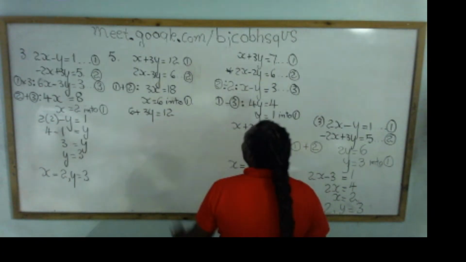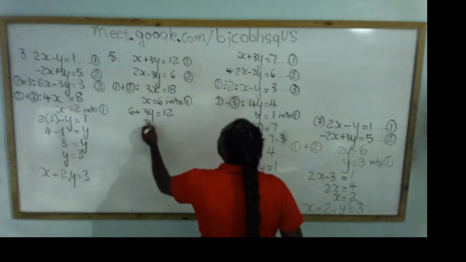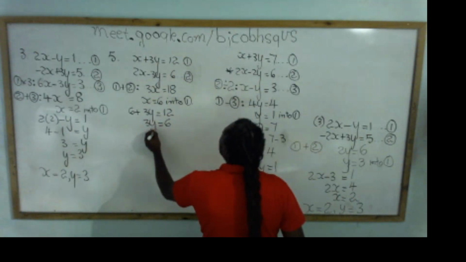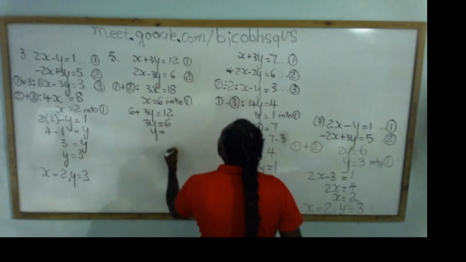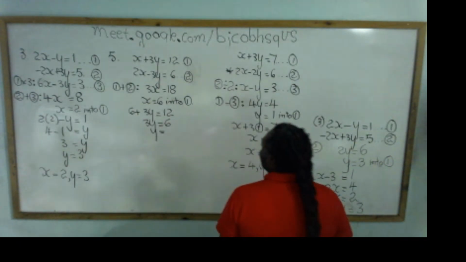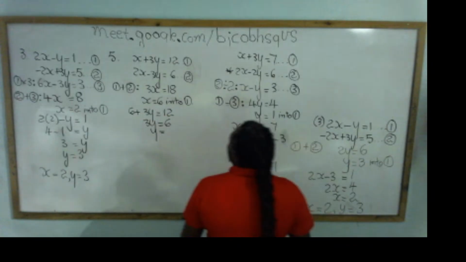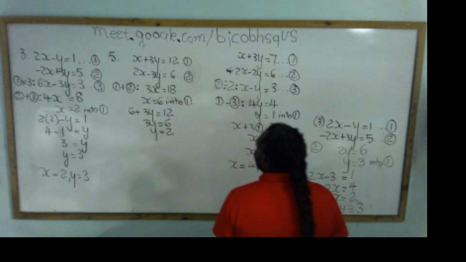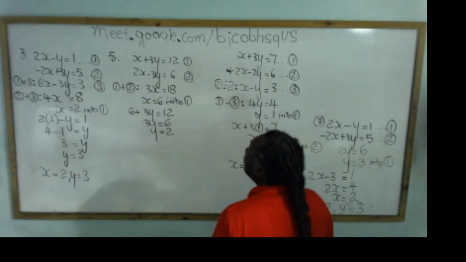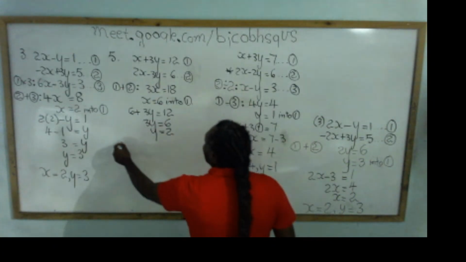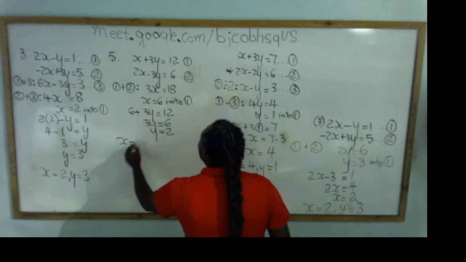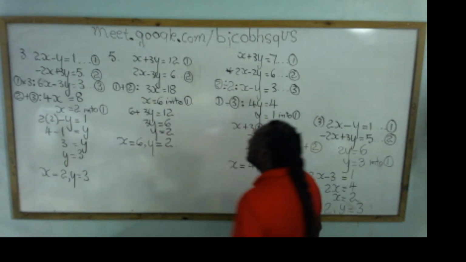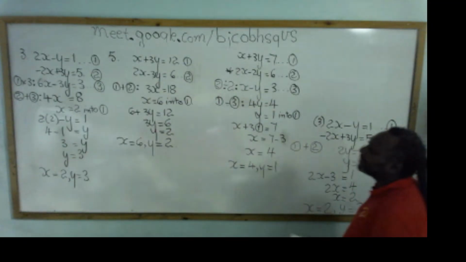Of course, we will eliminate the 6 by subtraction. Then we eliminate the 3 by division. We are finished with that already. So x is equal to 6, y is equal to 2. That's a very nice take for number 5.